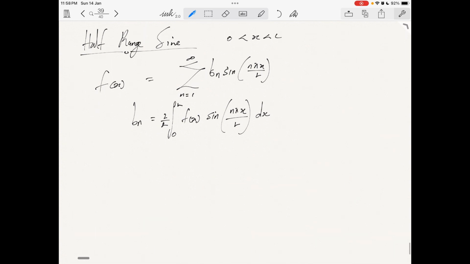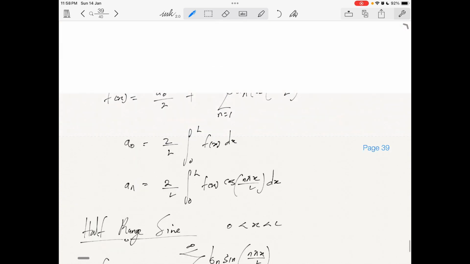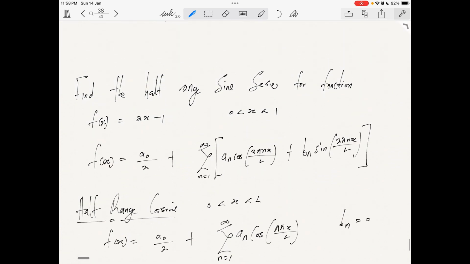Now from the question we were given that we should evaluate the Fourier sine series. We are dealing with a sine series for this range and for this function.